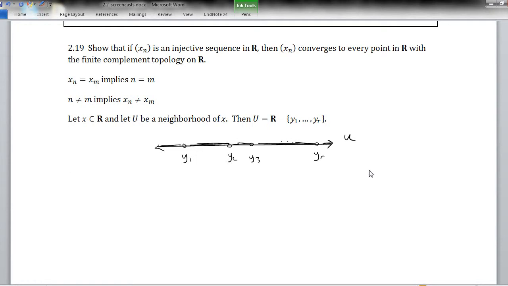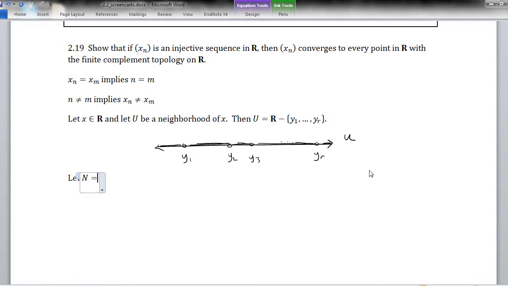So let's see if we can write down a proof of this. Given this U challenge, I need to give a capital N response, right? So what's it going to be? I'm going to let capital N be basically the index of the last term of the sequence which happens to be one of these y's.